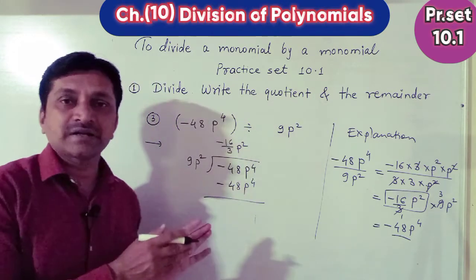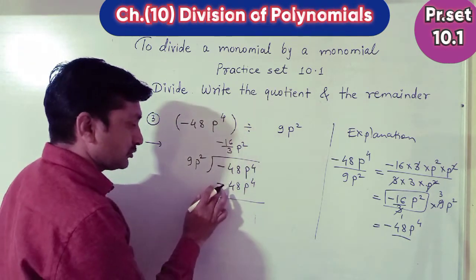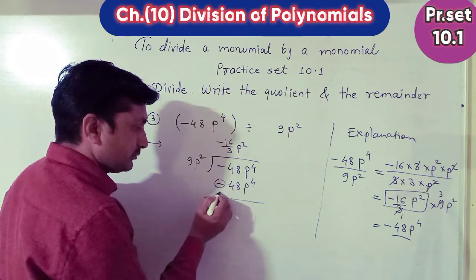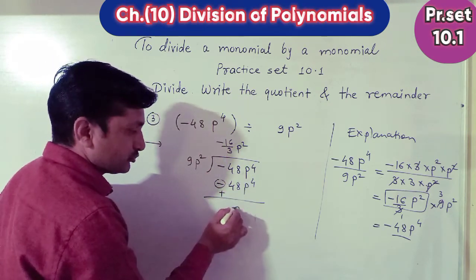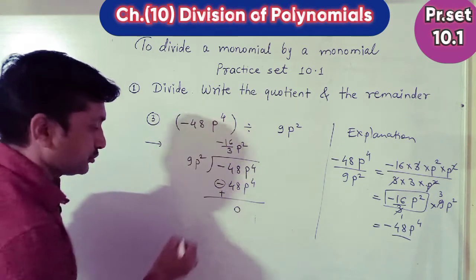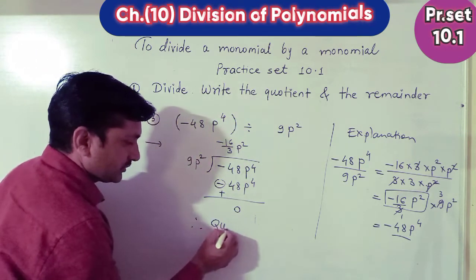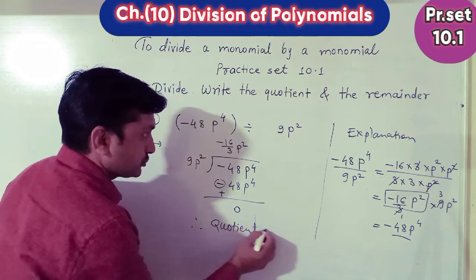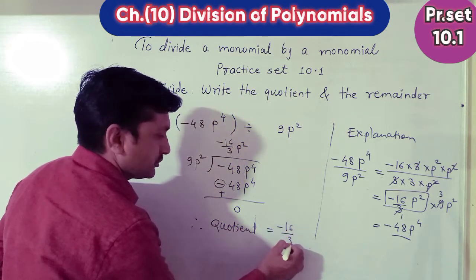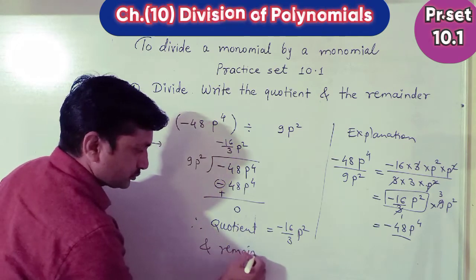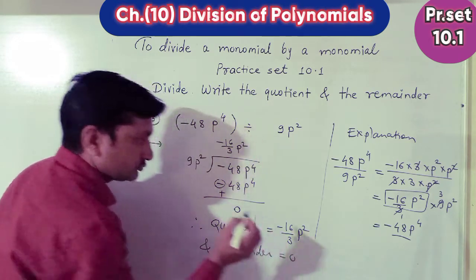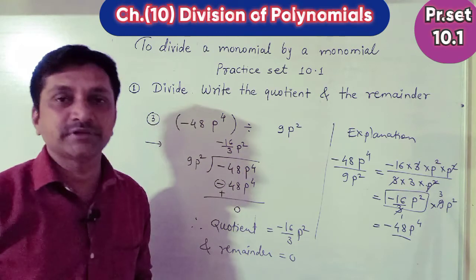Now we are going to subtract, change the sign of second term. Here original sign is negative, it will be positive. Now here minus plus value 0. For remainder we get 0. Therefore here quotient is equal to minus 16 upon 3 p square and remainder is 0. In this way this division is completed.